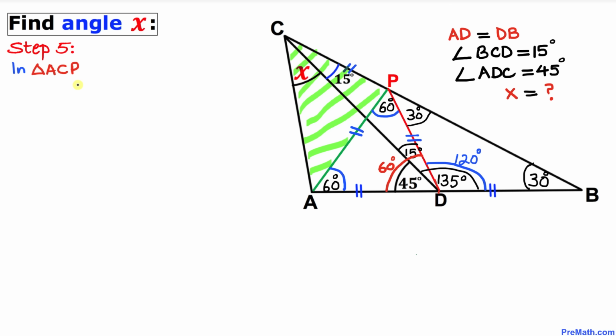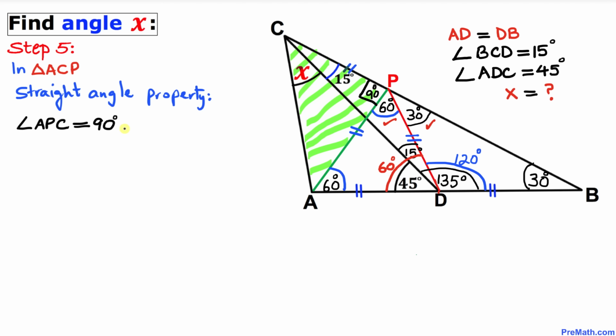And now in this next step, let's focus on this triangle ACP. Now let's recall the straight angle property. This whole angle is 180 degrees, and since these two angles are 30 and 60 degrees, this angle has got to be 90 degrees. So therefore this angle APC turns out to be 90 degrees, and we know that this side length CP is equal to this side length PA.